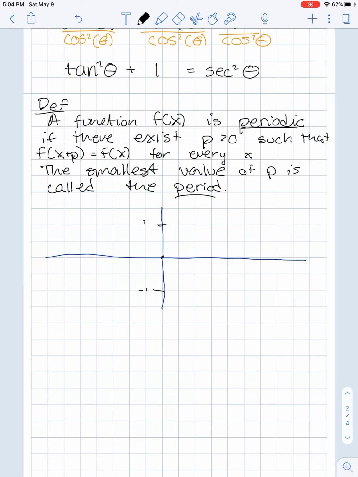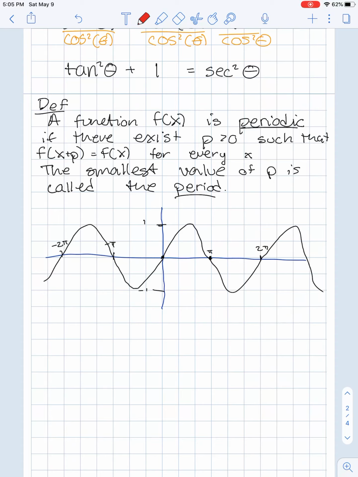So we start at 0 and let's make this pi and this one 2 pi, negative pi, negative 2 pi. And I'm going to go up and down, then up again, and down again, and so on.